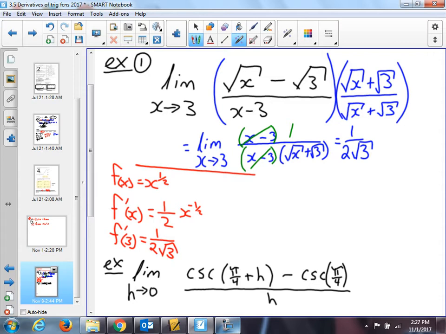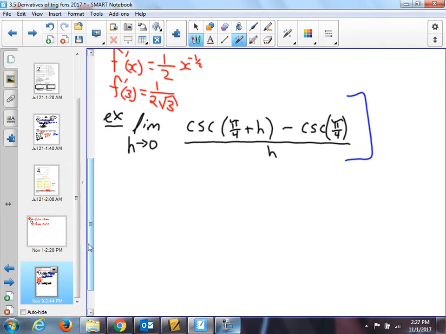How about this next one, though? What does this one look like? Do you want to do that as a limit? I'd say try not. But what's the function? It looks like a definition of a derivative.